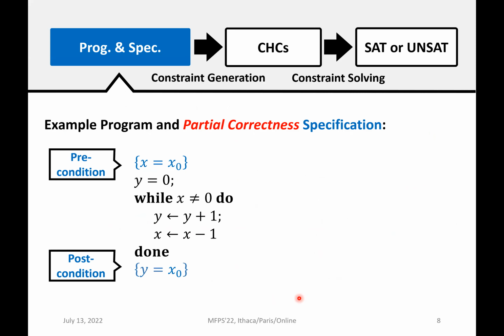Okay. And let me use this example program and its partial correctness specification to explain how constraint-based program verification proceeds.